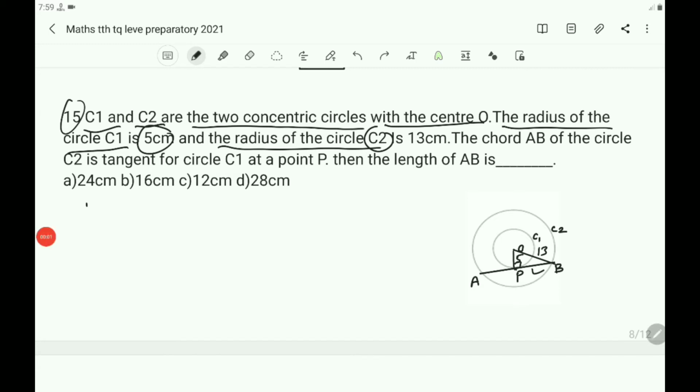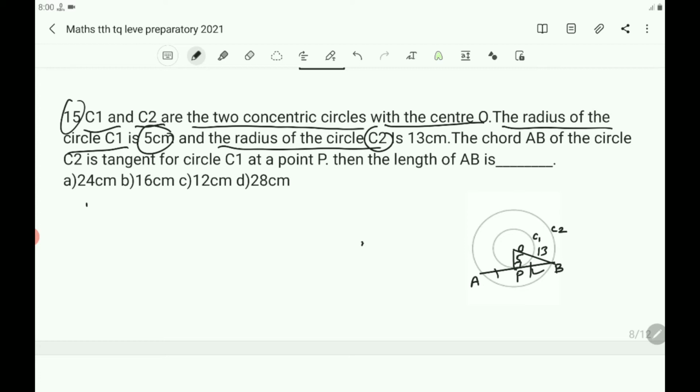Here OP is perpendicular to AB; the perpendicular drawn from the center to the chord bisects the chord. So these two parts are equal.